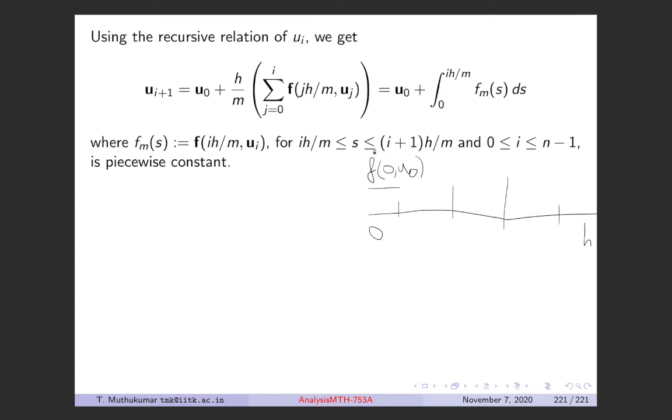So this f_m function is this piecewise constant function. I'm just extending it as a piecewise constant, summing over j. So this is nothing but the integral over 0 to i h over m, and u_{i+1} is precisely u_0 plus this.